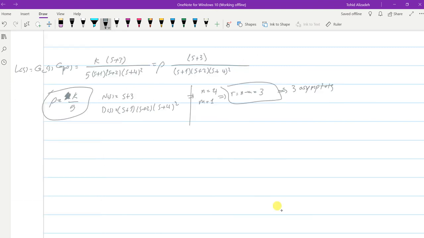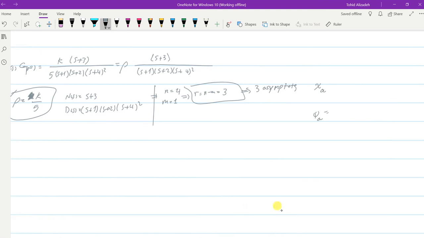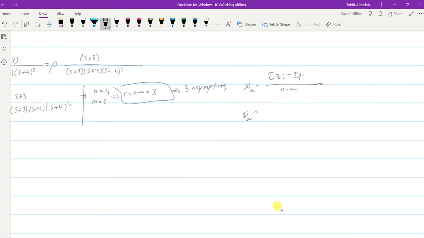For the asymptotes, we need to find the point of abscissa and the angle of the asymptotes with the real axis. For xa, we know that it will be in the form of sum of zi's minus sum of pi's over n minus m. So we will have 3 in the denominator.